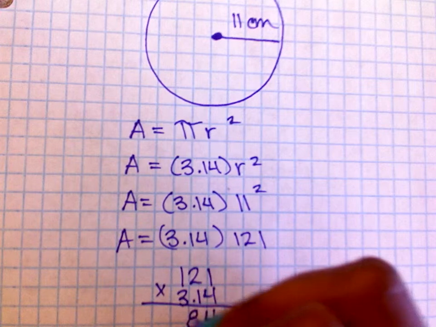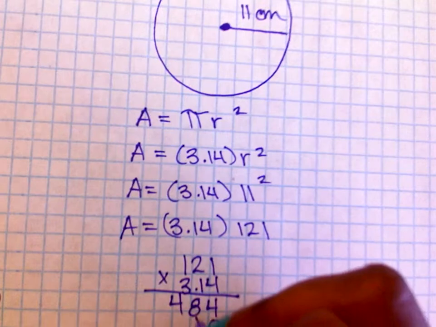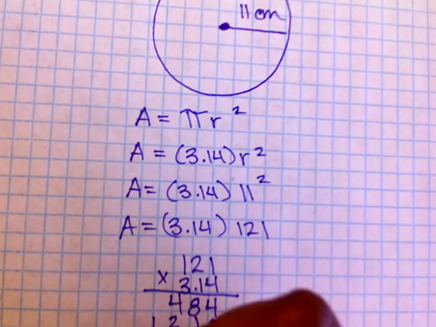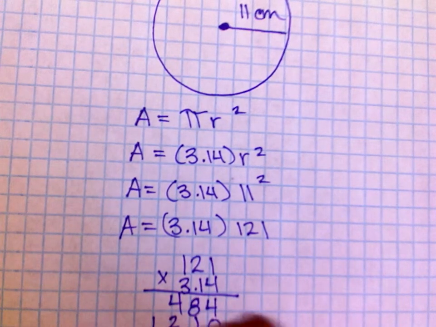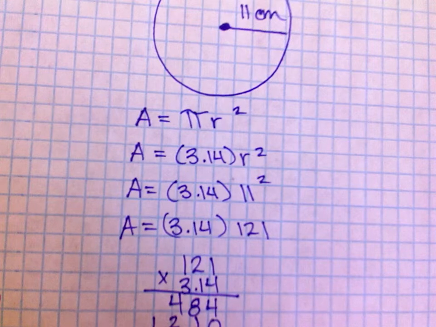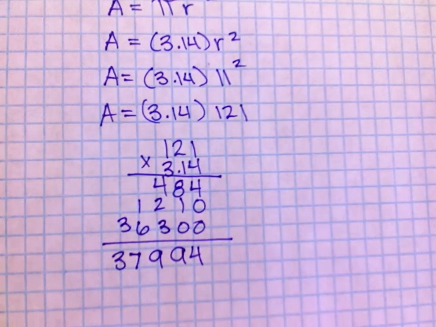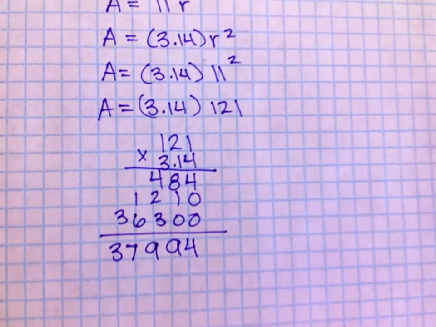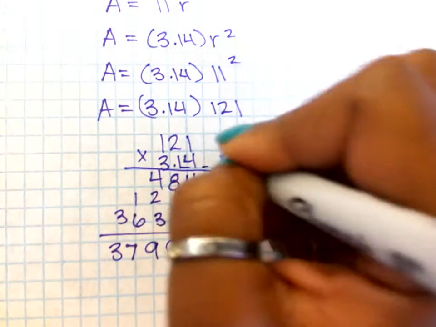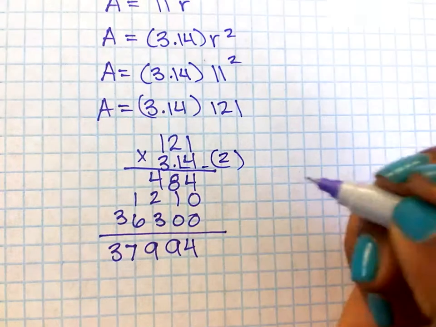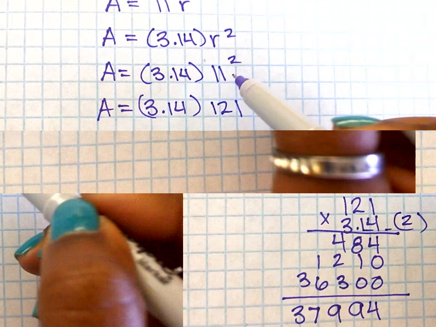And when you complete the problem, you're going to get something around that. Then you count your decimal places. There are 2. 11 times 11 is 121.